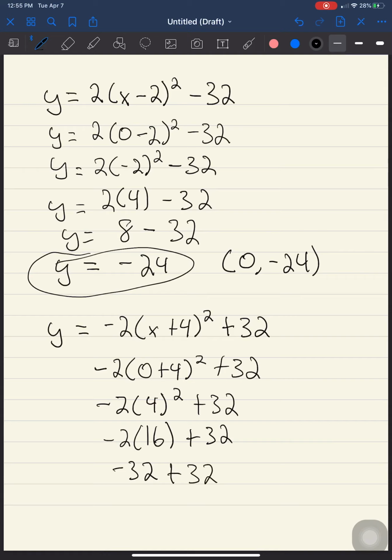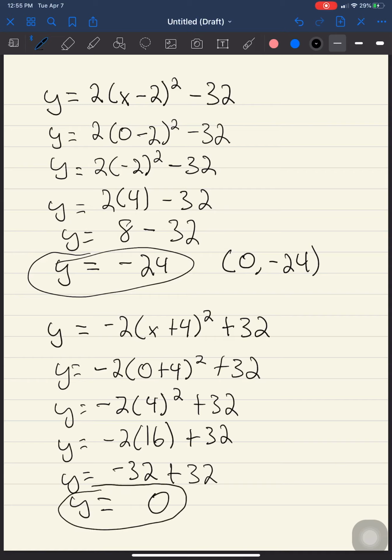And negative 32 plus 32, they cancel out and give me 0. So I have y equals 0. And as a coordinate, that would just be 0, comma 0.